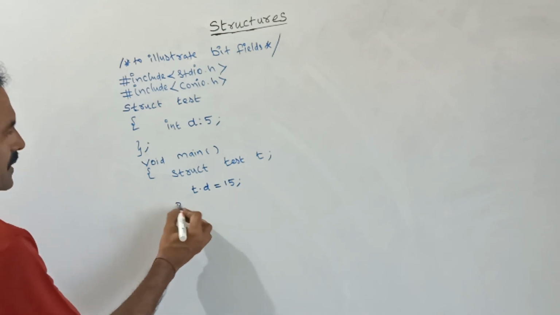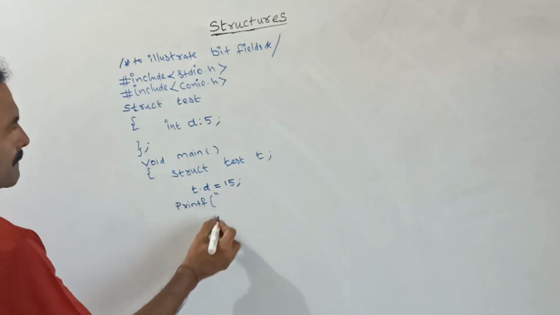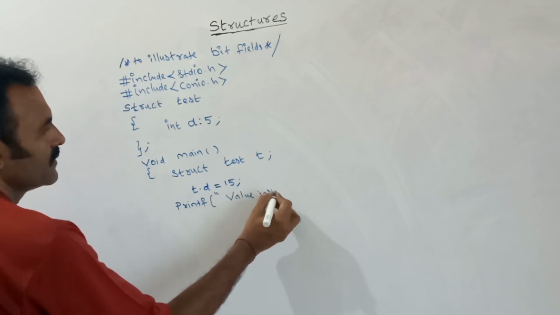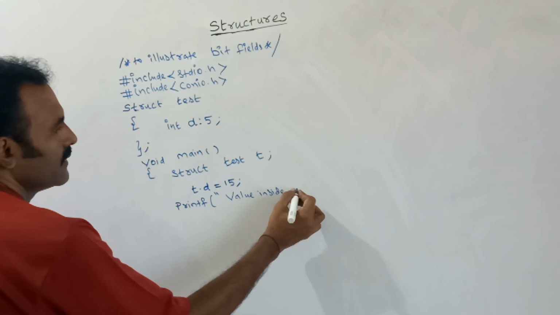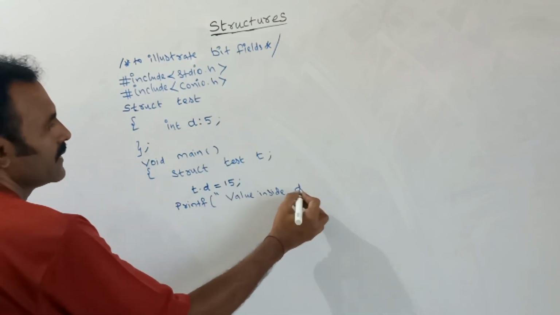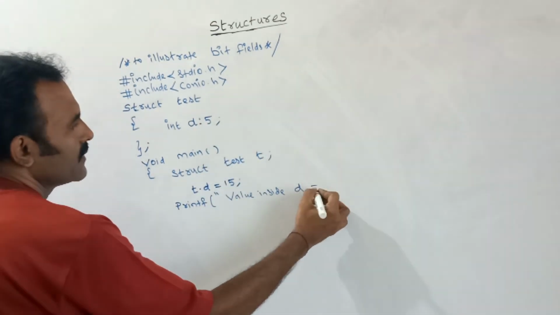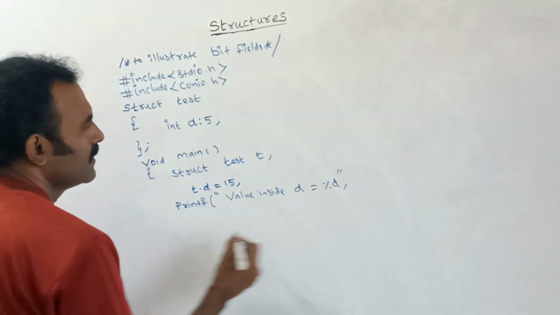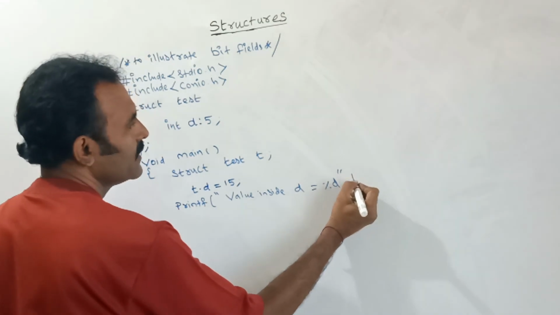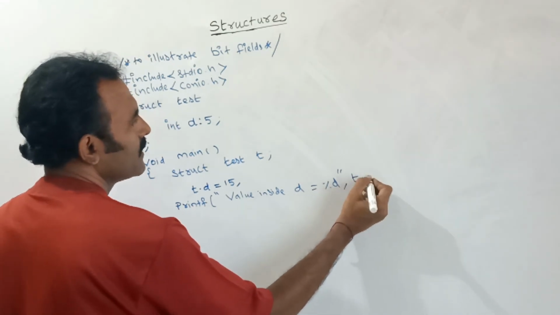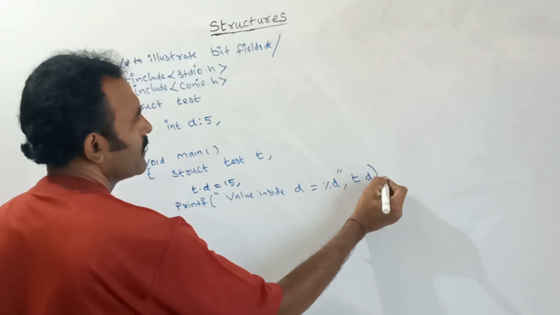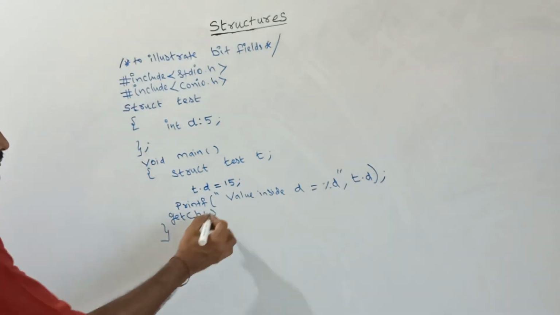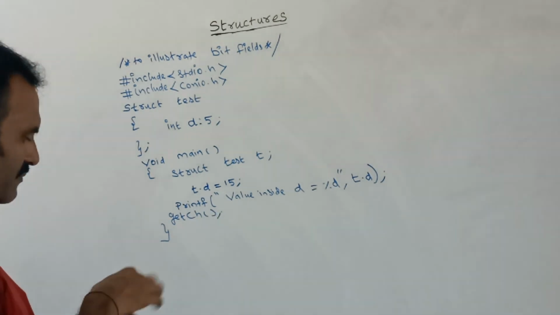Next I am telling to print the value inside structure member D is equal to, here percentage D comma, I am telling to print the value of T dot D. So here what will be the output?